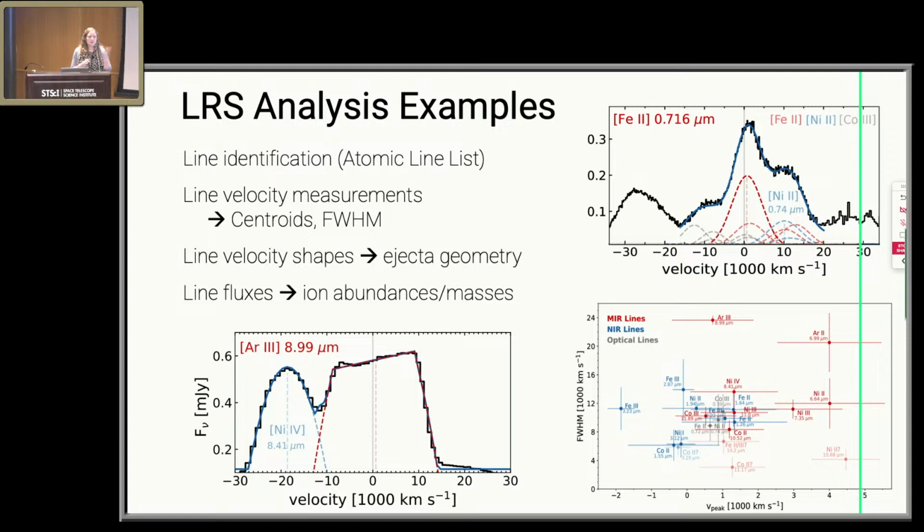We can measure centroids and full width half maxima to see how the bulk ejecta is moving and what locations the different ions are in the ejecta, which the velocity traces. And then we can also derive line fluxes to get ion abundances and masses.